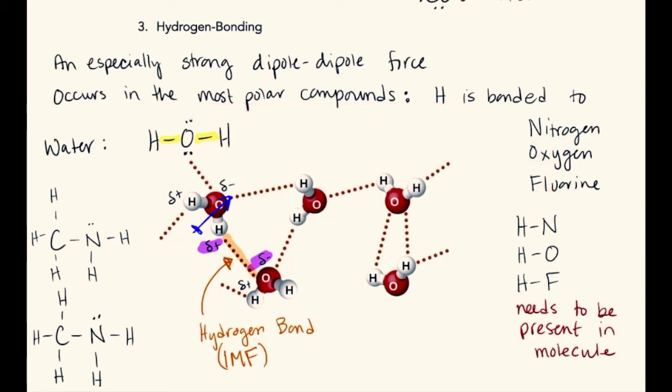So I have the potential for hydrogen bonding here where I've got two NH bonds. The N is the partial negative and the hydrogens are the partial positive. Okay. So in these cases, the hydrogen is always the partial positive and the nitrogen, oxygen, or fluorine are the partial negatives.